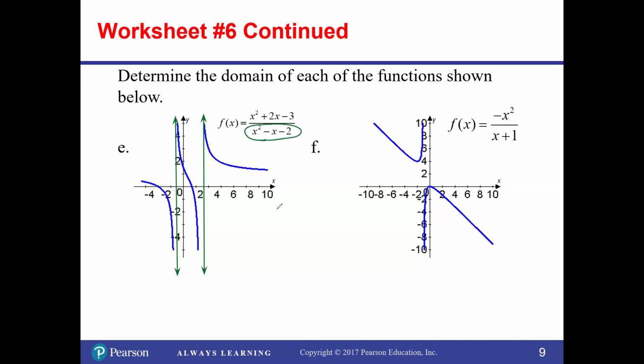So we look at the denominator by setting it to 0 and figuring out where it equals 0. If I factor this, I need factors that multiply to give me -2, but add to give me -1. So that would be x minus 2 and x plus 1, meaning that my zeros would be -1 and 2, which is almost what we had here. So let me move this one to the correct spot.